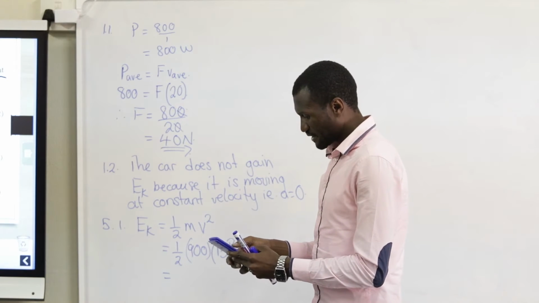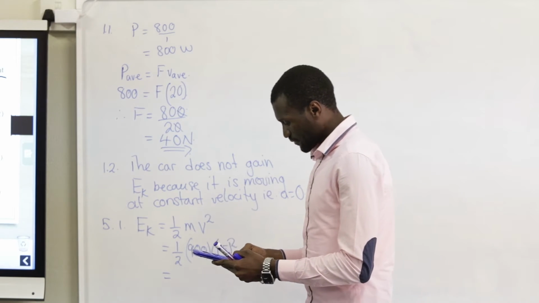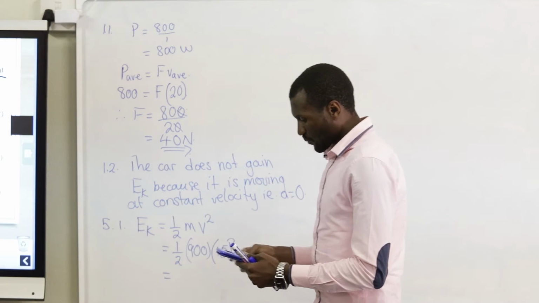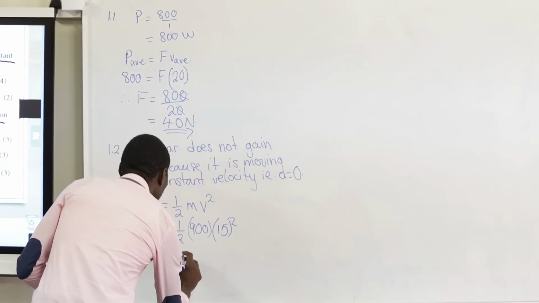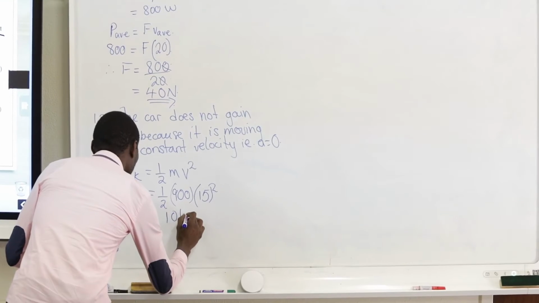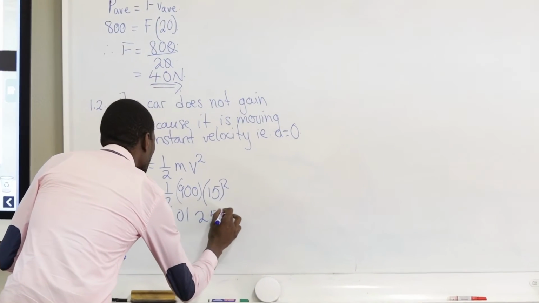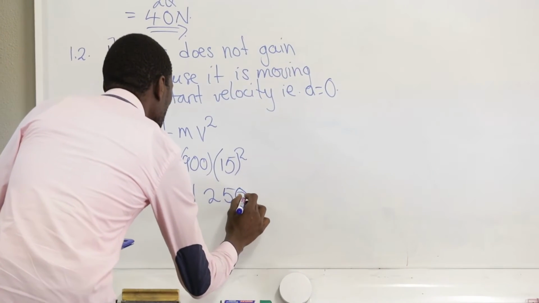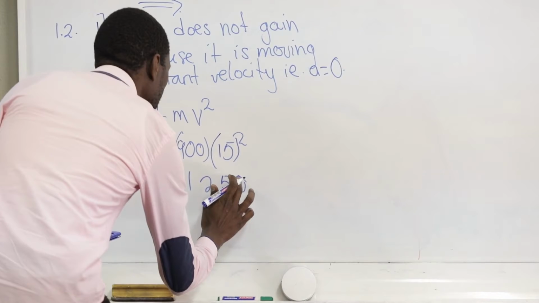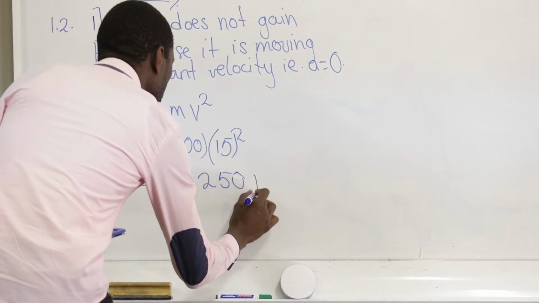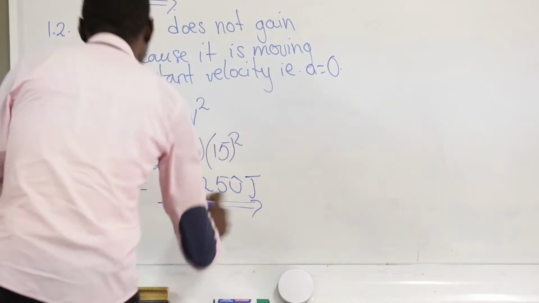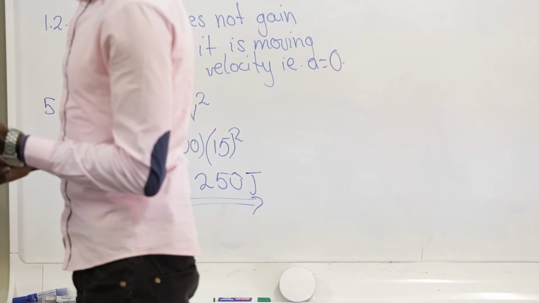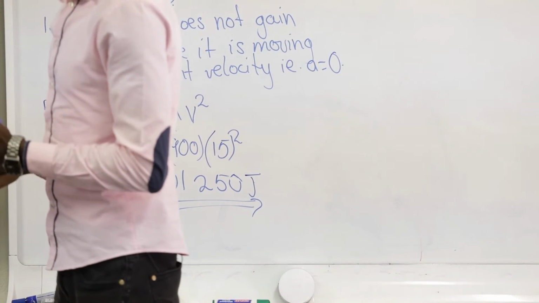I'm sure you're coming up with an answer that's equivalent to 101,250. And remember, we are talking about energy, and this energy is in joules. There is your answer. Your EK is in joules.